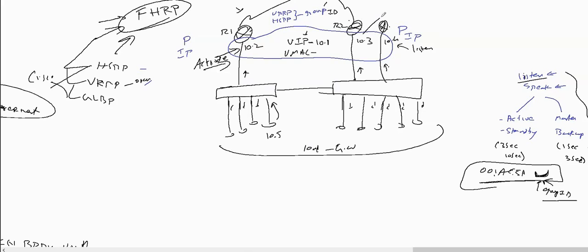However, because it is the standby, or the VRRP backup, it is not going to respond. Rather, the active router is the one that responds to the ARP request.